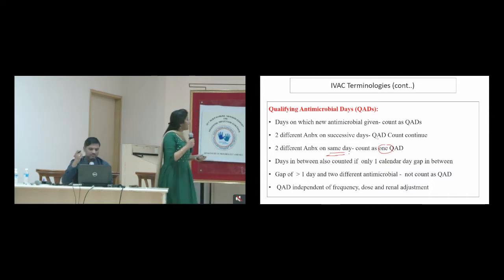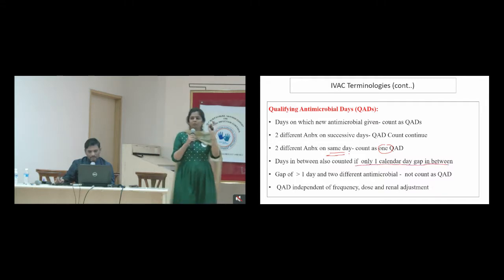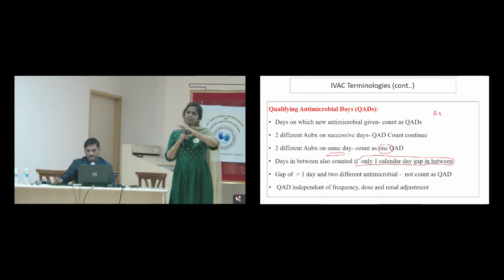Next example: days in between are also counted, only a 1 calendar day gap is allowed. Means what? Today amikacin is given, the patient is having some dysfunction, so tomorrow they skip the dose. The day after tomorrow amikacin is given again. You can consider the in-between day, that is tomorrow, as QAD 2.